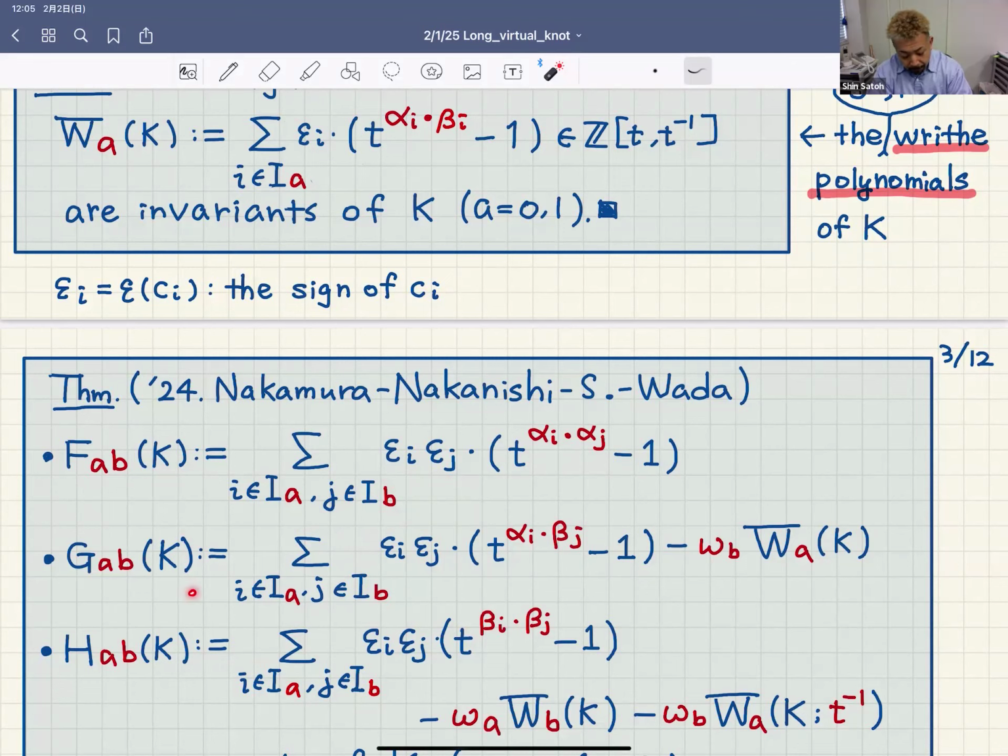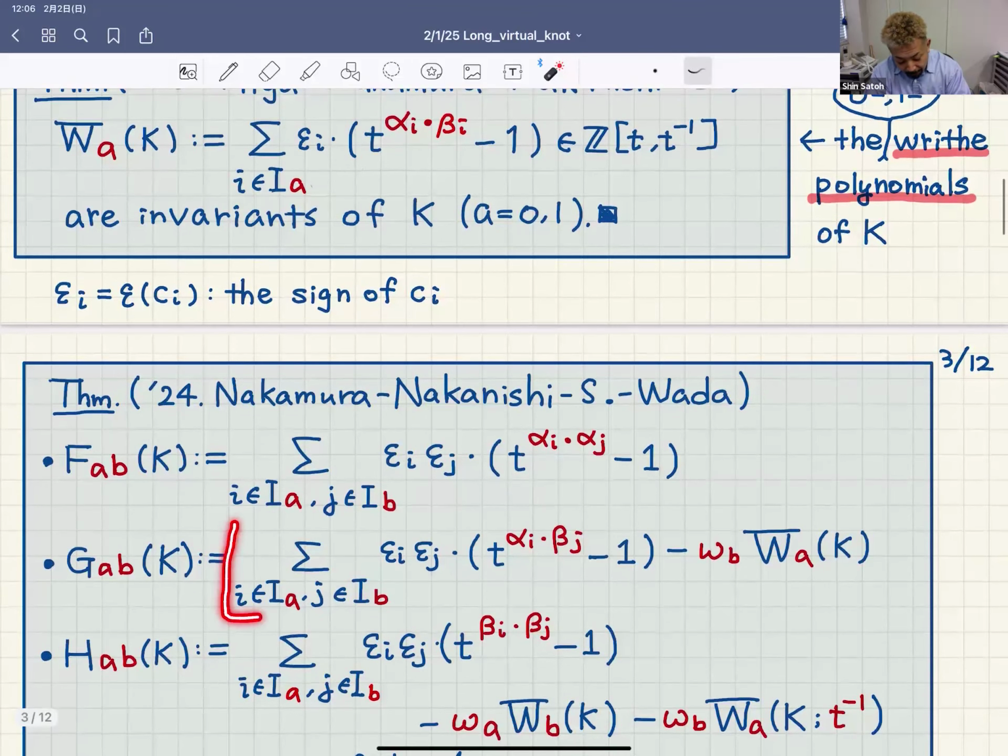Similarly to FAB, we can consider the intersection number between alpha i and beta j, where alpha i is the loop component and beta j is an arc component, which are obtained from the diagram by smoothing at the crossing Ci.